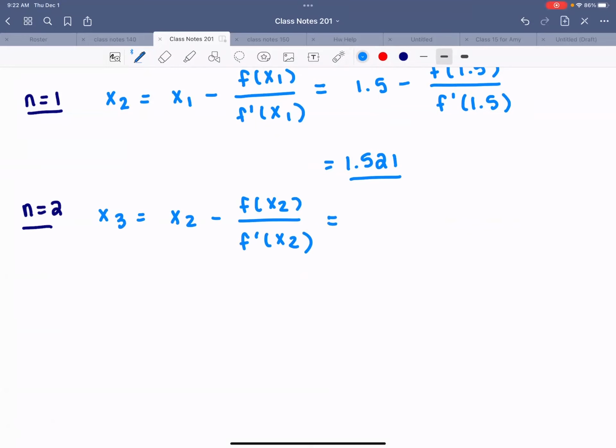And what am I plugging in this time? So what's going into x2? Good, 1.521. So this is 1.521 minus f of 1.521 over f prime of 1.521. Okay, and what do we get when we do this? Anyone get it?